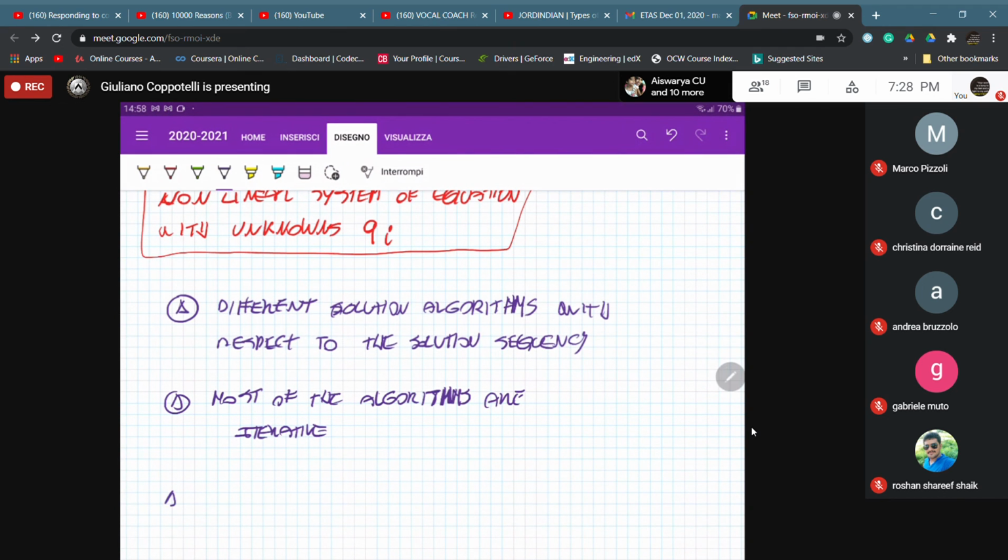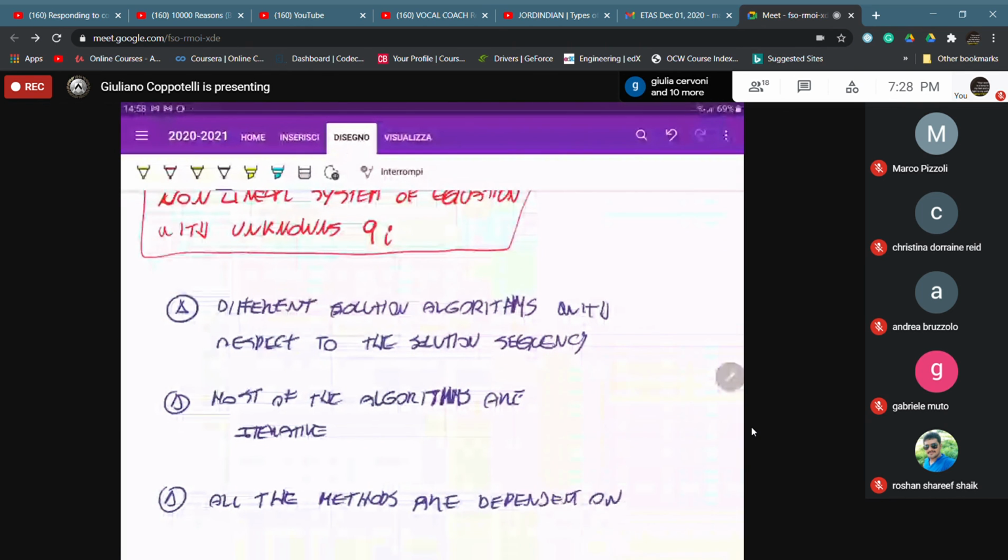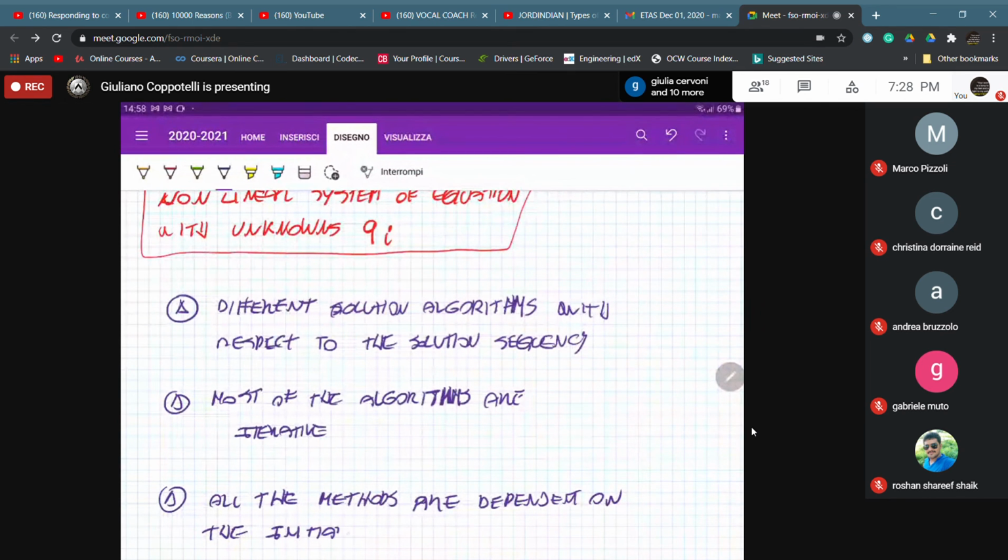But the most important thing is that all the methods are dependent on the initial guess. I already talked about that.